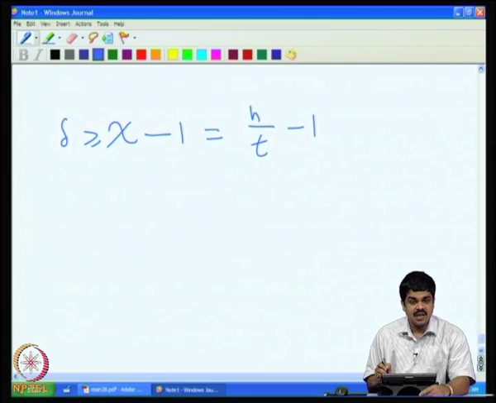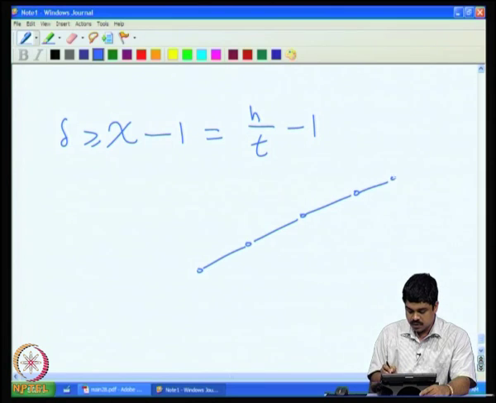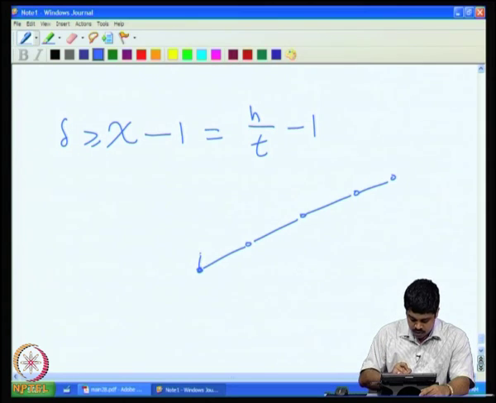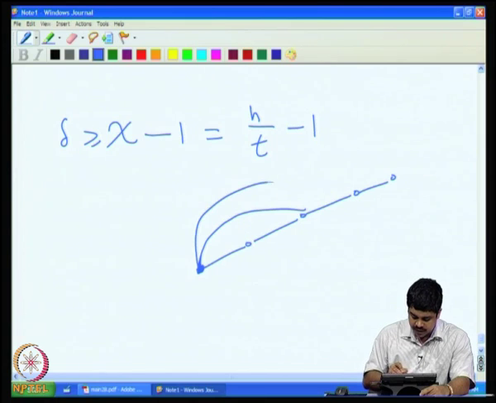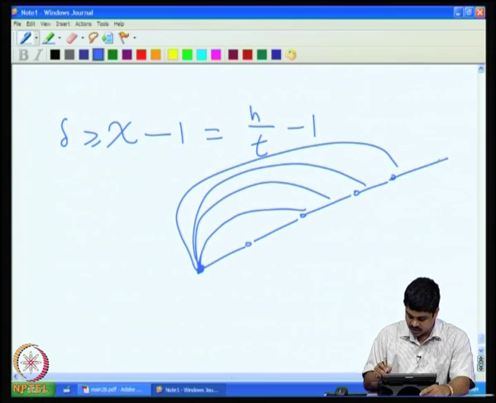Now, again taking the longest path argument, if you consider the longest path in that subgraph, then the longest path should have all the neighbors on it. See for instance, if you look from this side, all the neighbors of it should be on this path, right, because otherwise you can make the path longer than this.